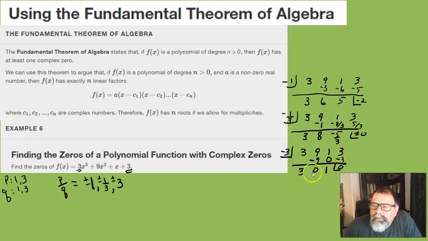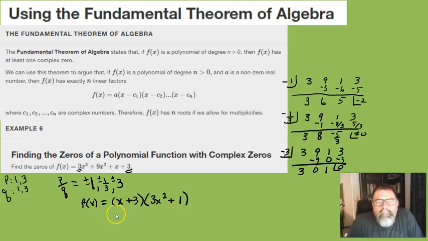Okay, that one works. So now we can factor our polynomial into x plus 3. Remember, you got to switch that sign. And then this is x cubed, so this would be x squared. 3x squared plus 0x plus 1.